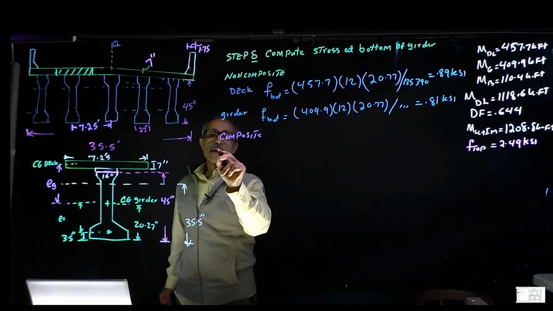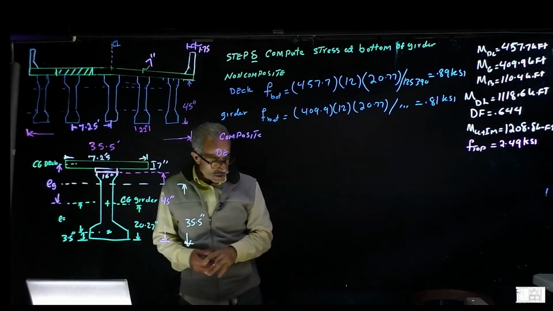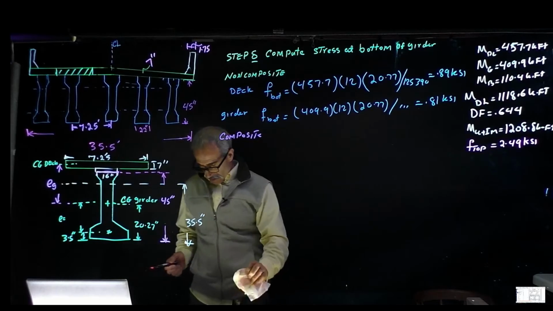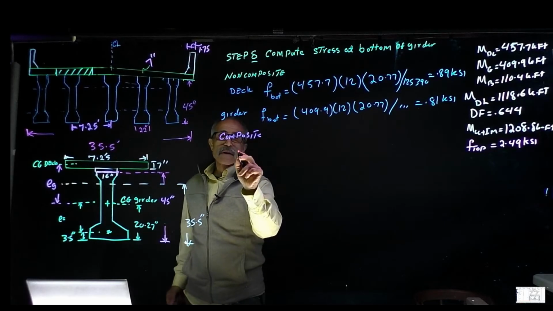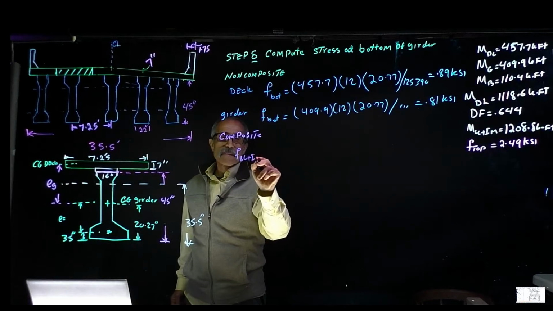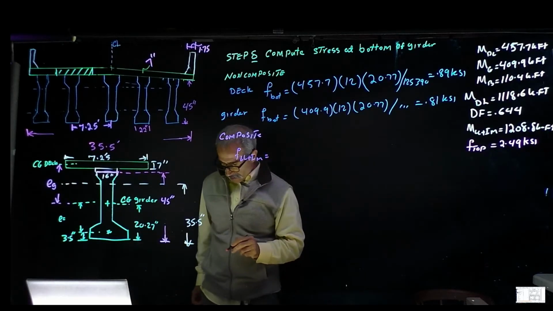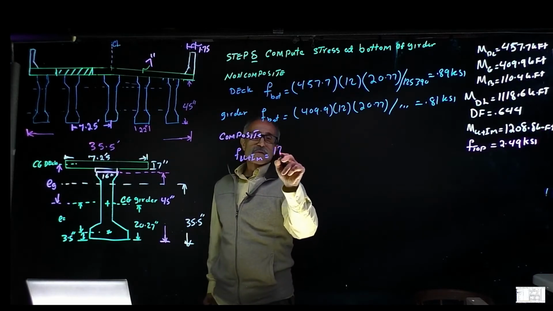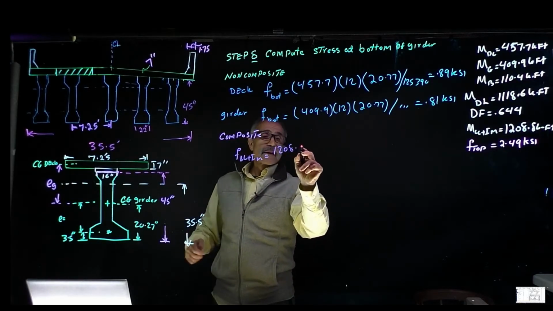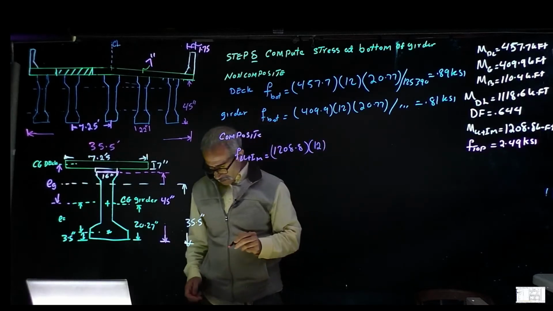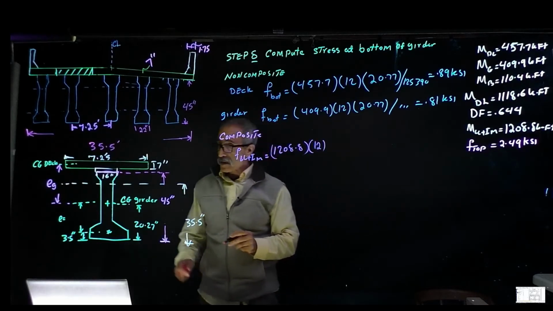And due to the deck again, no, sorry. It has to be the life load of F_LL plus I_M, and for the bottom it's going to come out to 1,208.8 times 12, and let's multiply that by the distance between that.